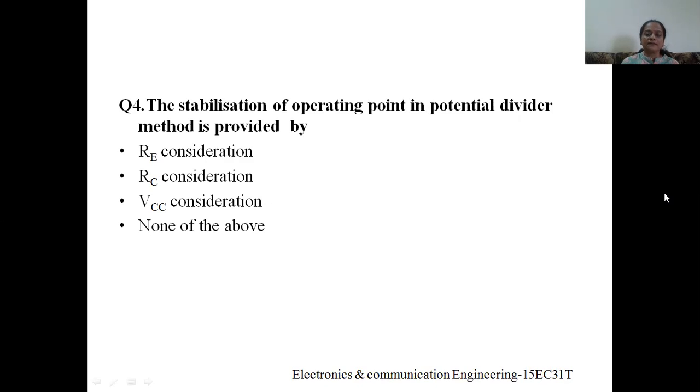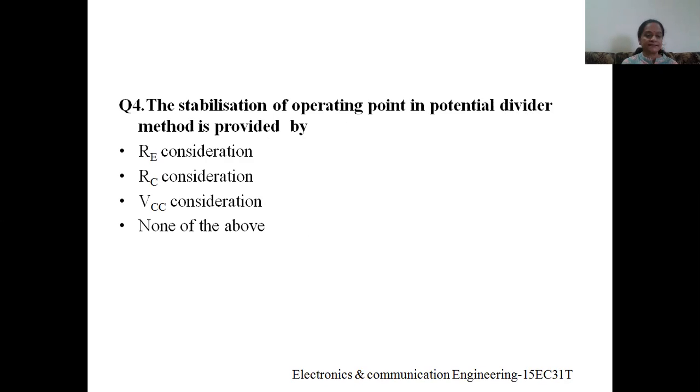Fourth question, the stabilization of operating point in potential divider method is provided by. So as I said, we use 3 resistors in voltage divider method, R1, R2 and RE.